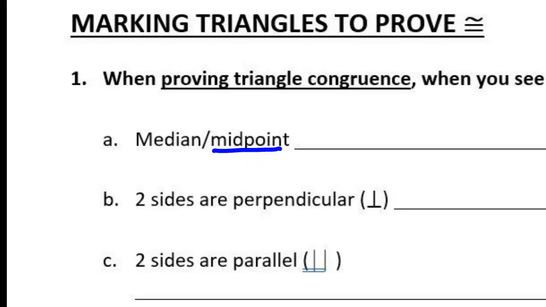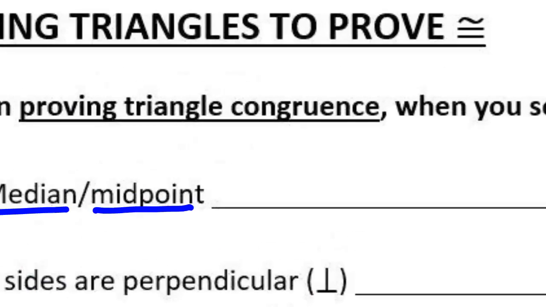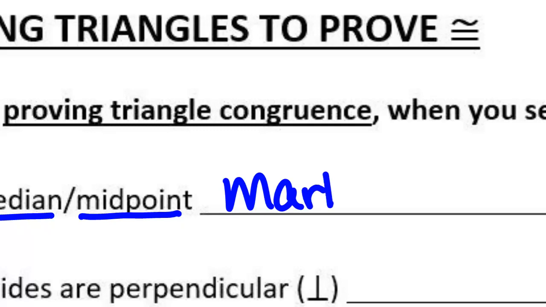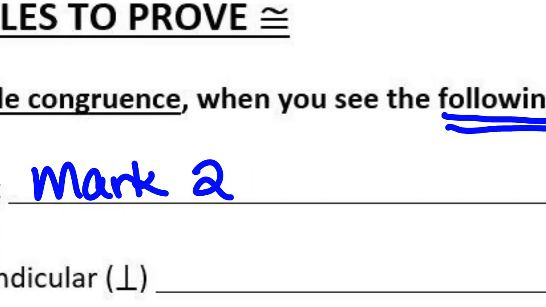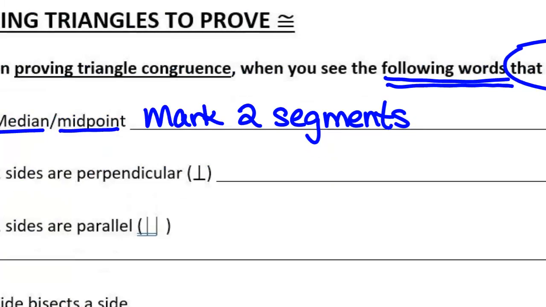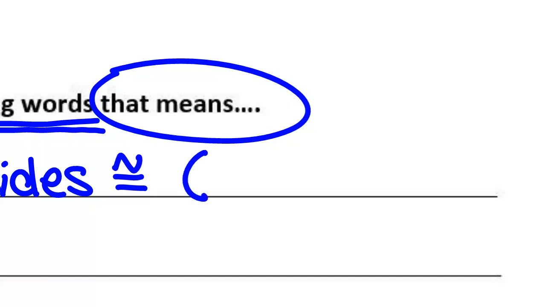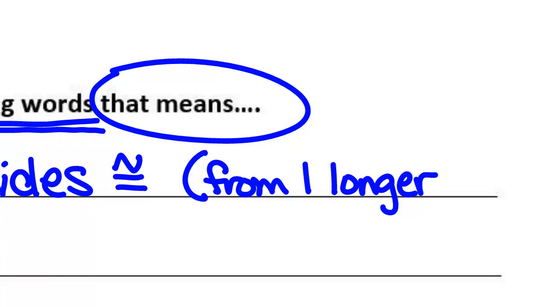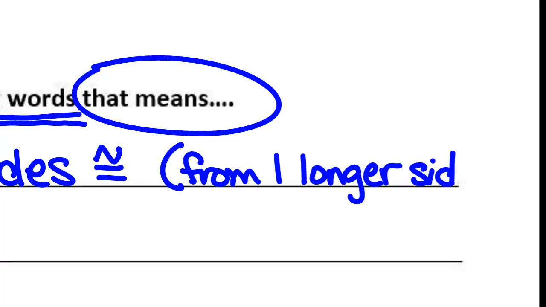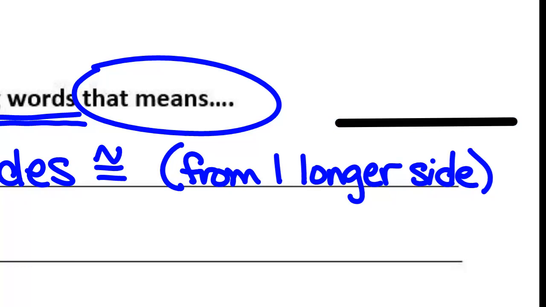So if we see either midpoint or median, we are going to mark 2 segments or sides congruent from one longer side. So just to give us a little example to look at here.